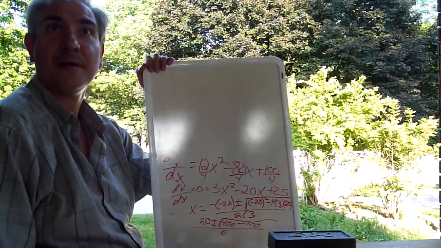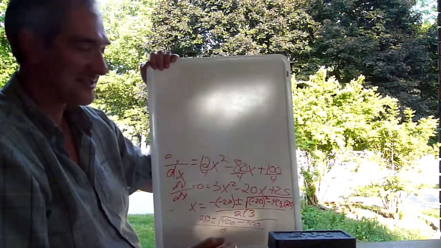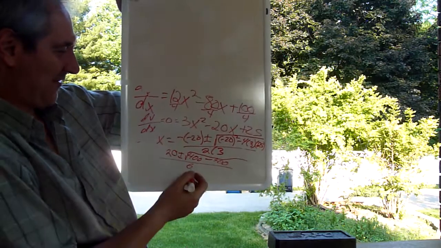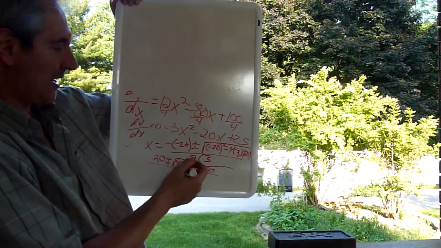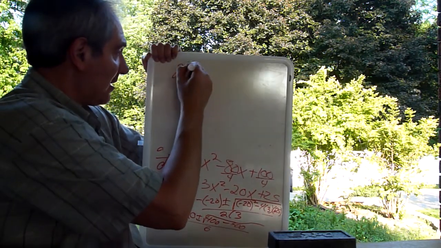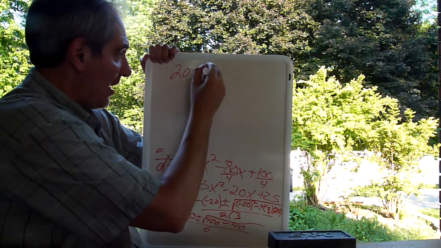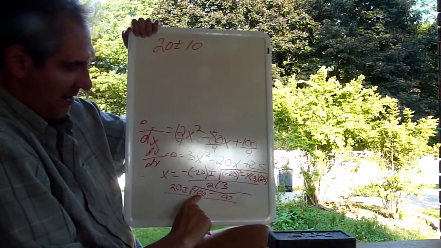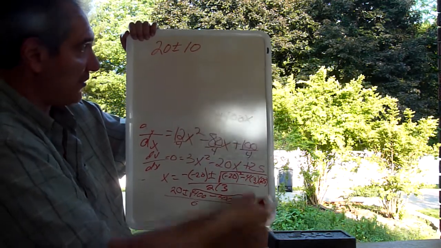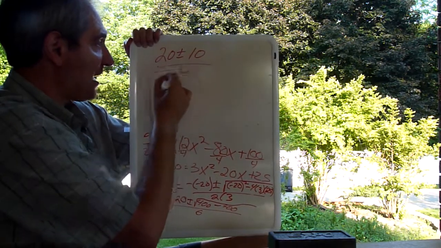All right, so I'm going to simplify this guy right here. That looks like 100. So I have 20 plus or minus the square root of 100, which is 10, over 6.